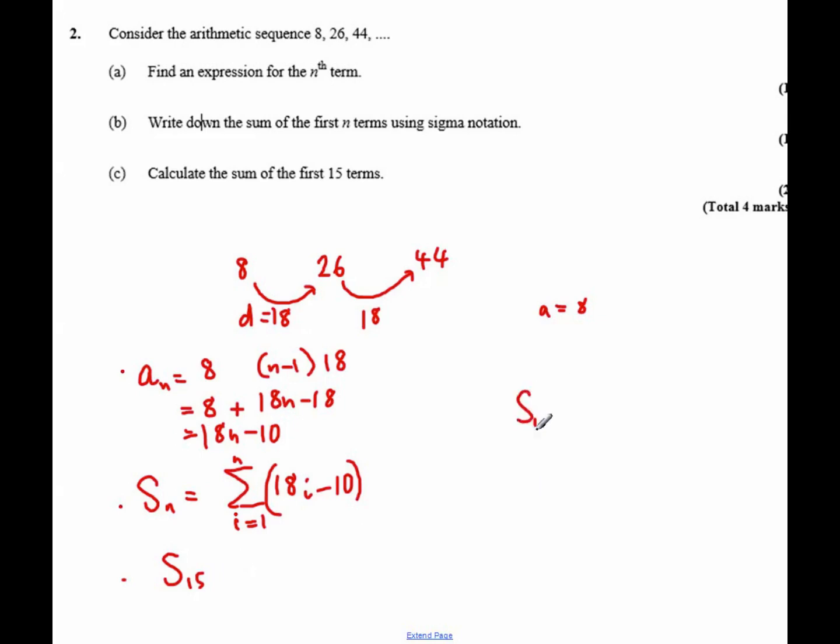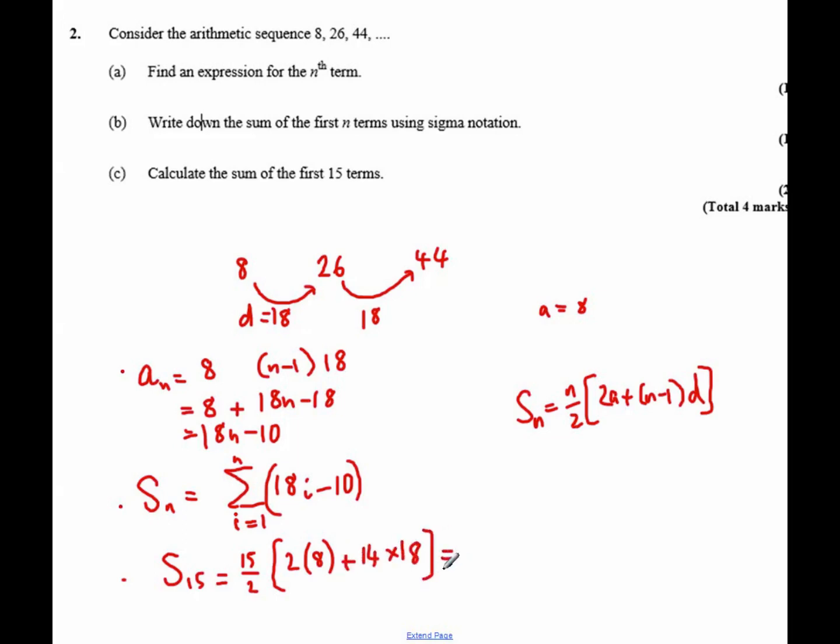Now, I think in your formula book it says something like S_n is equal to n over 2, 2a plus n minus 1 d. So S_15 is going to be 15 over 2, 2 times the first term plus 14 times the common difference. And this is a rare example where we haven't got a calculator to work out something slightly annoying, so we've just got to do it, and that's going to be 16 plus 14 times 18 is, well, I'm going to use my calculator, but you need to do it by hand, 252.